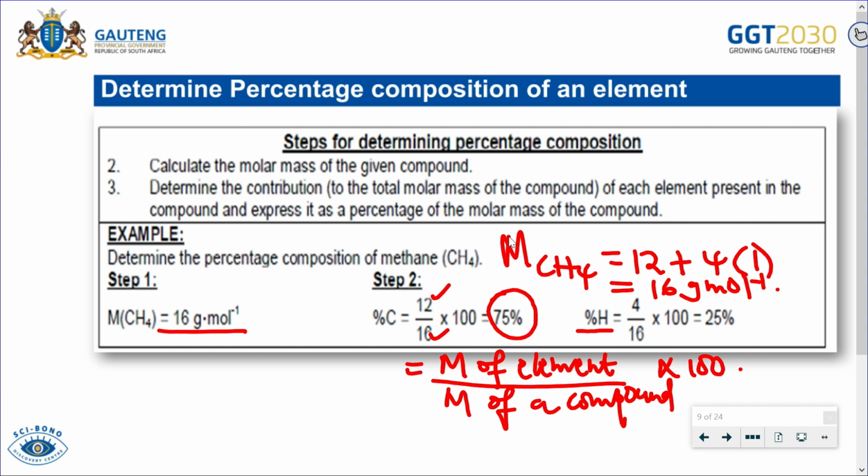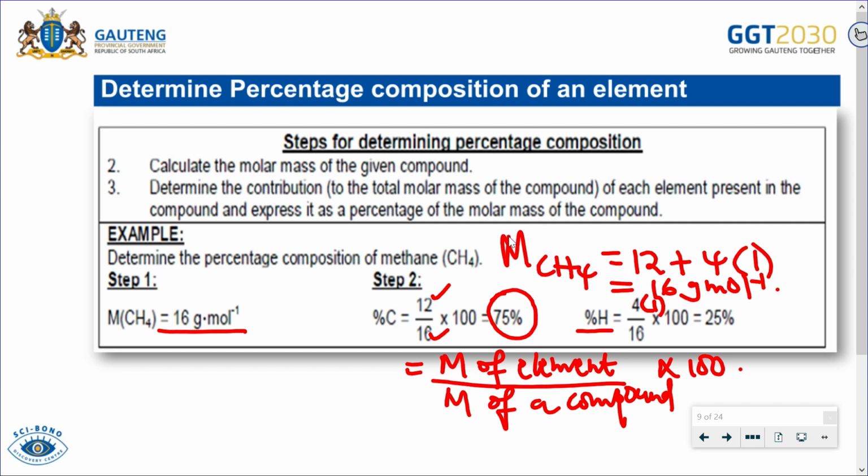Then what about the percentage of hydrogen in methane? What you need to check is how many atoms of hydrogen are present in one molecule of methane. The number of atoms of hydrogen in one molecule of methane is 4. So here is 4, multiplied by 1. Where is that 1 coming from? Remember, to calculate the percentage composition, we say the molar mass of an element divided by the molar mass of the compound. But let's not forget the number of atoms of that element present in that compound.